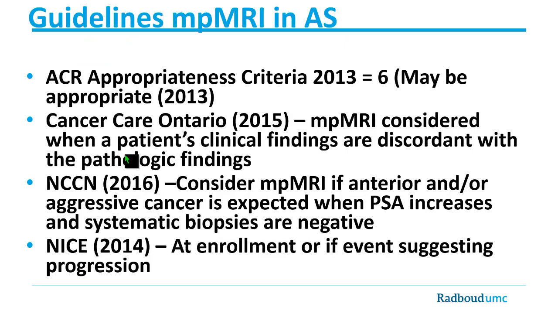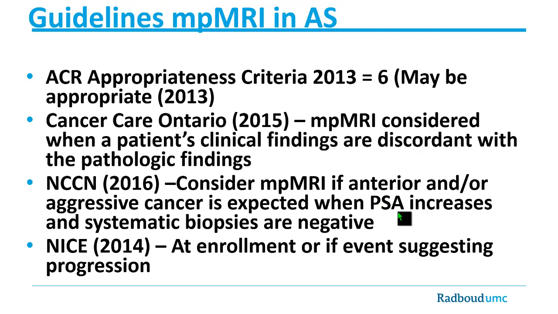So if you look at the guidelines, globally there are several guidelines. For example, the ACR appropriateness criteria in 2013: mpMRI may be appropriate for active surveillance, so for selecting patients. Whereas in Ontario, mpMRI can be considered when a patient's clinical findings are discordant with the pathological findings.